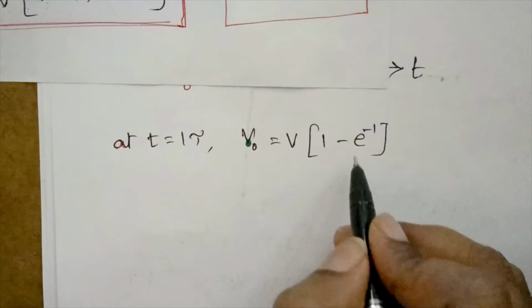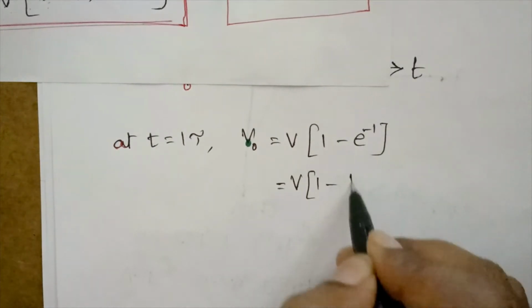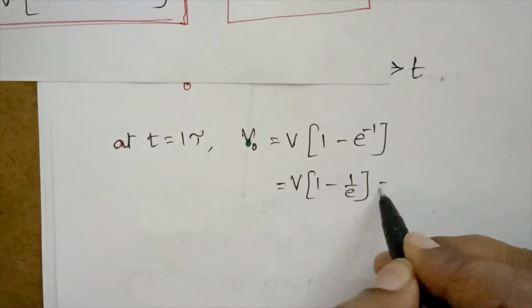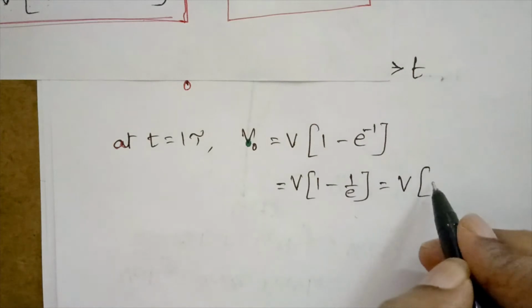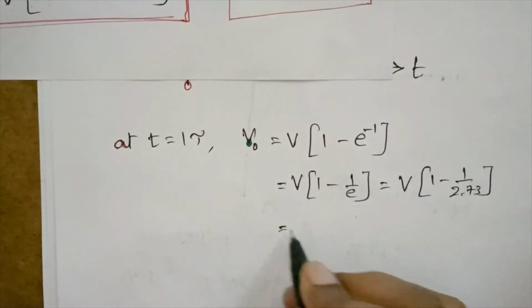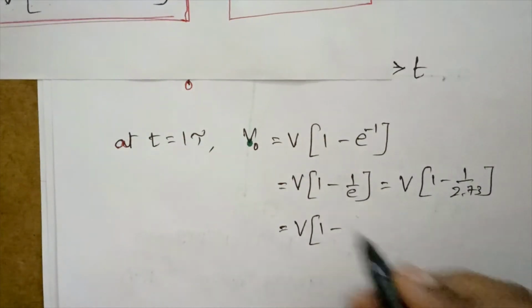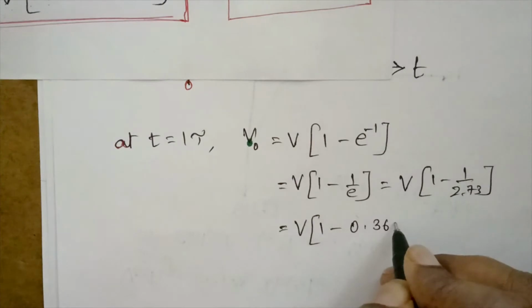So we are getting 1 by 1 minus e, I write this equation once again. If we substitute the e value as 2.73, then what are we getting? 1 divided by 2.73. Let's find that value. 1 minus, the value is 0.3663.